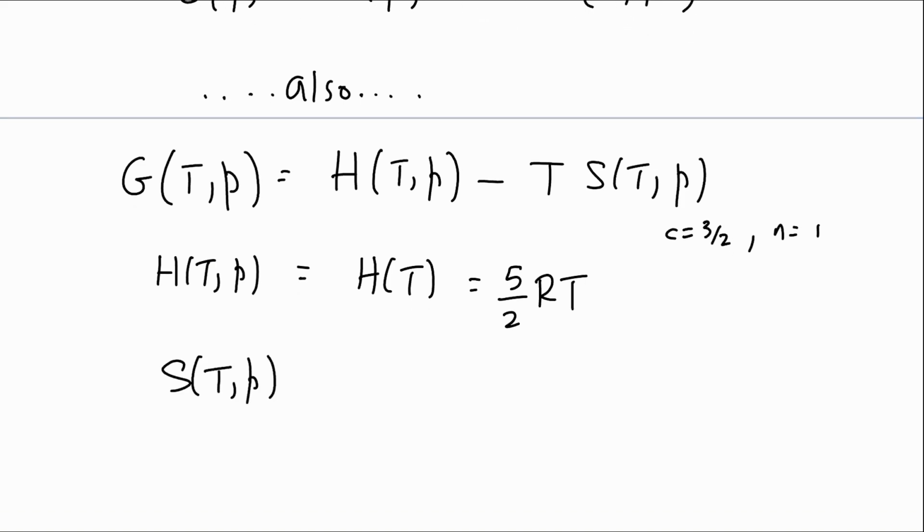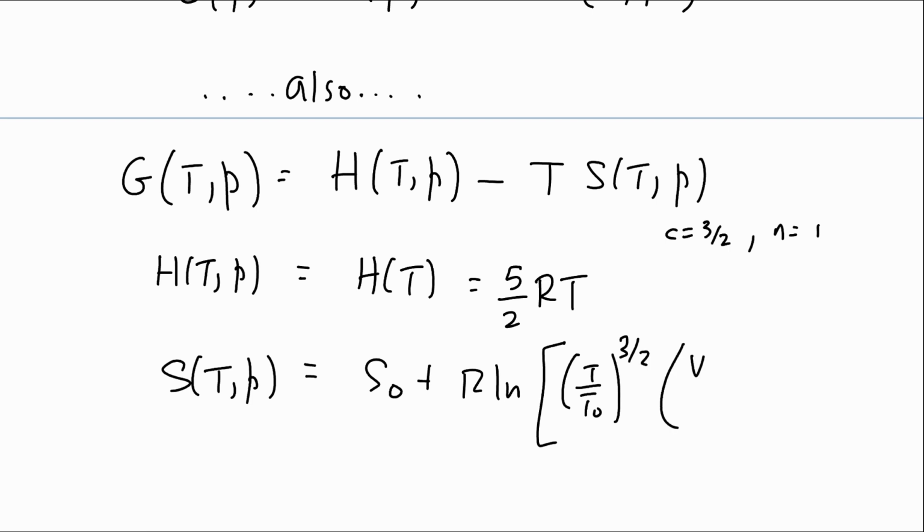And S is a function of T and P. I can write down too: S naught plus R log T over T naught to the 3 halves V over V naught. But this is a function of T and P, so I've got to be careful.